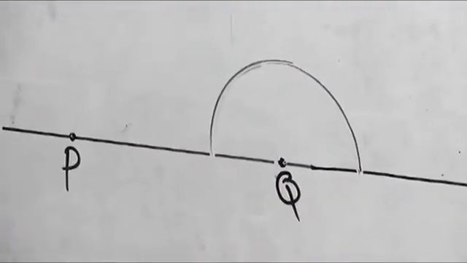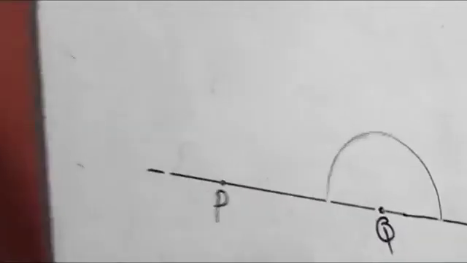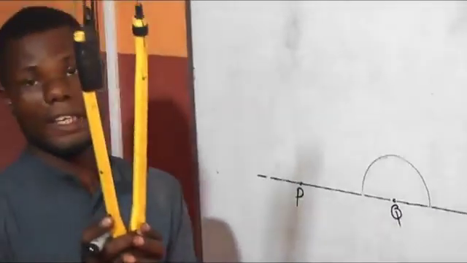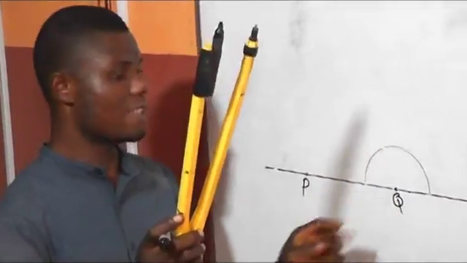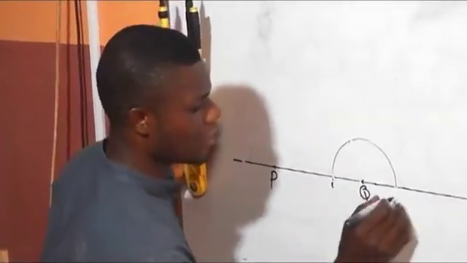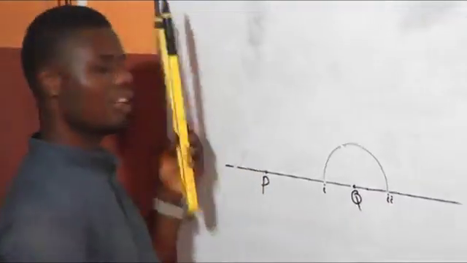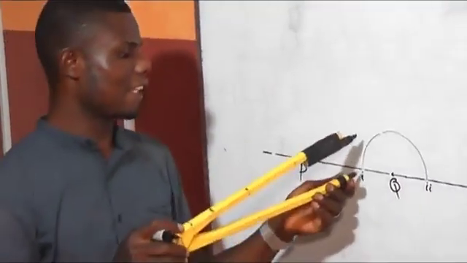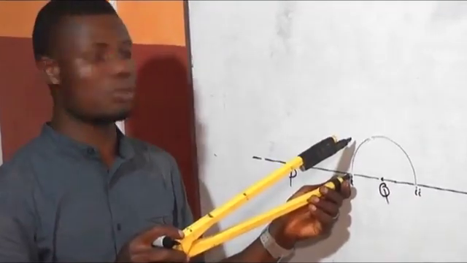Alright? So when you're done with this, don't change the radius of the compass you've used to draw this circle. Alright? So you see that you touch here at, let's say, I, and touch this other part at II. Alright? So you place it at I, since you want to get the interior angles, okay?